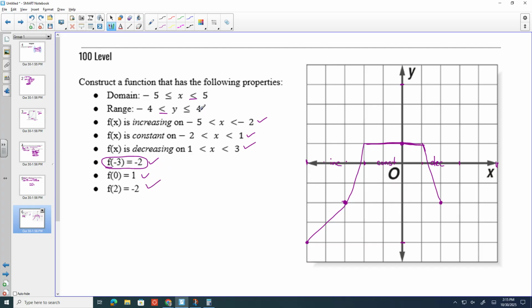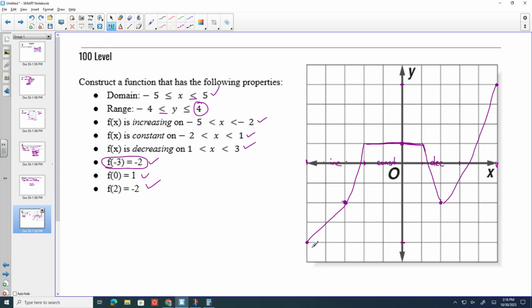Now I just need to make sure that my range gets as high as +4. So I'm going to put myself a point right here, and in the second half of my function, just draw a portion of the graph. Let's do that a little better. Draw a portion of the graph to connect those two. So something like that. That would be something that then has a domain, -5 to +5, check.